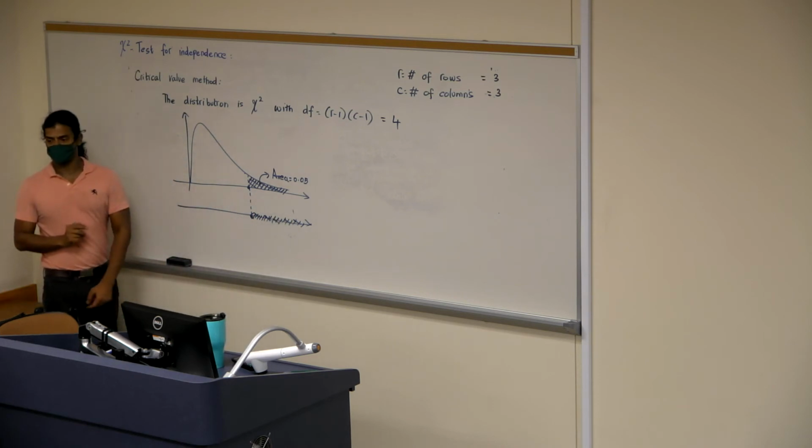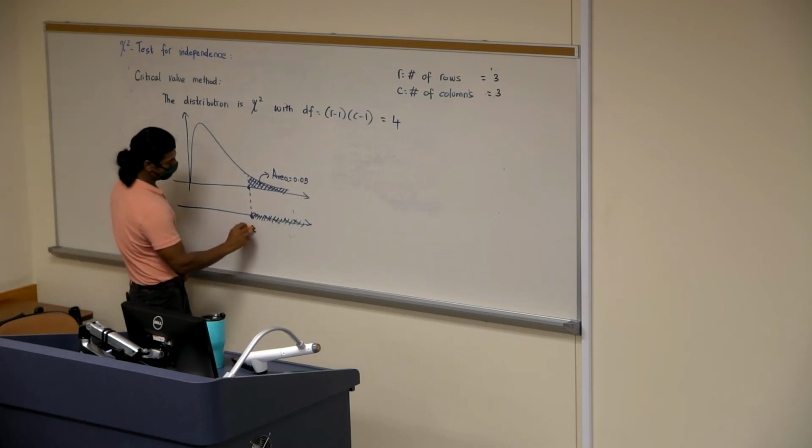How do we find the critical value? It is chi-squared.